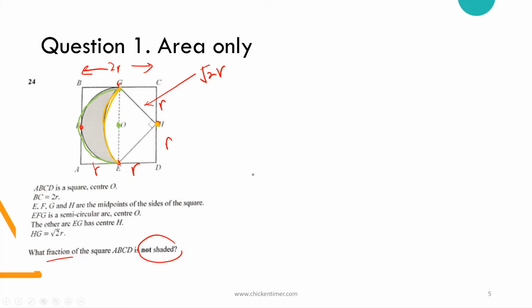What we can do is find this section, then we subtract off this section to find the shaded one. Then from there we can find the unshaded.